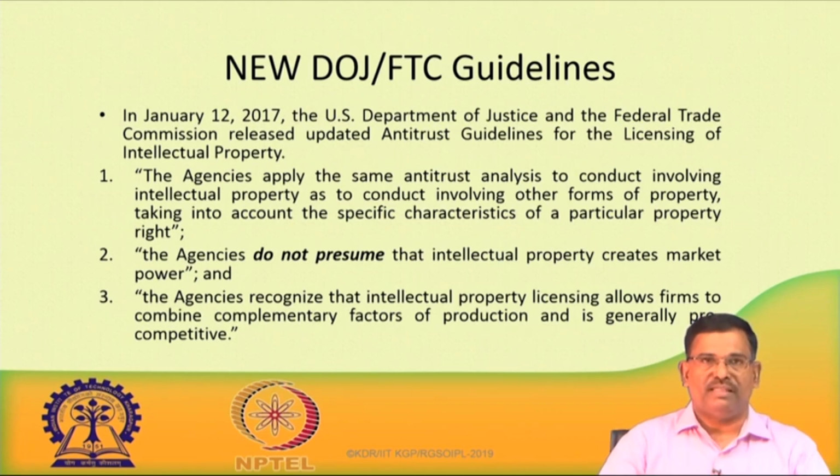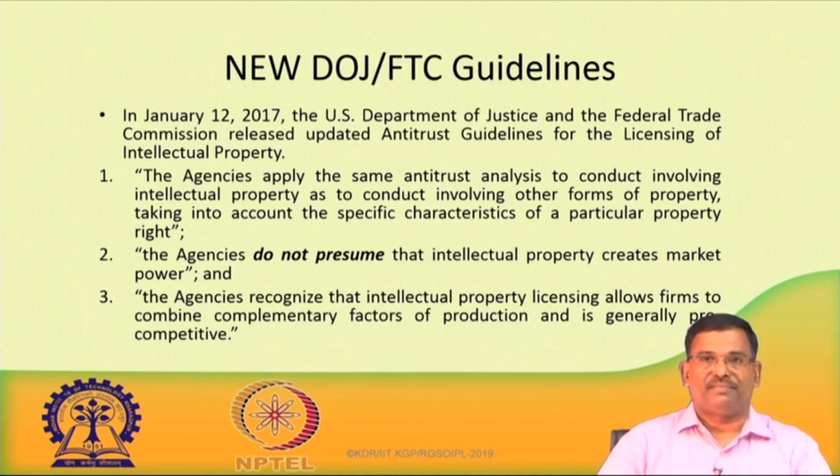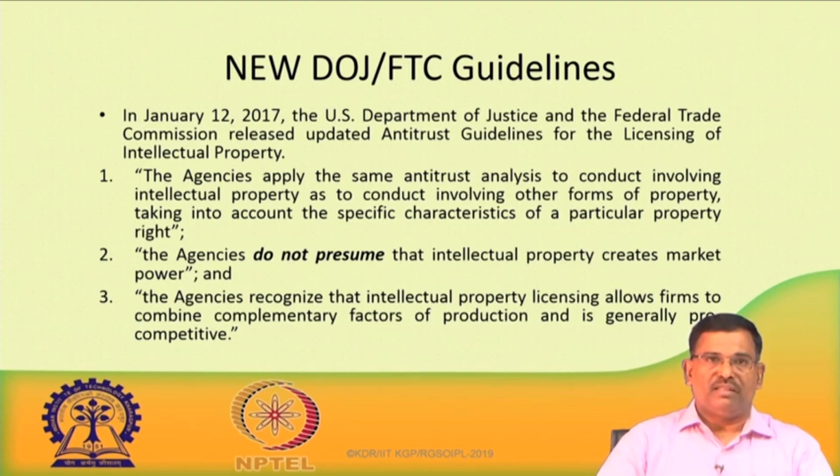The first principle says that the agencies apply the same antitrust analysis to conduct involving intellectual property as to conduct involving other forms of property, taking into account the specific characteristics of a particular property right. So, they have to consider what kind of intellectual property protection is available and to what extent it is available to the owner. But at the same time, the antitrust agencies do not presume that intellectual property creates market power.